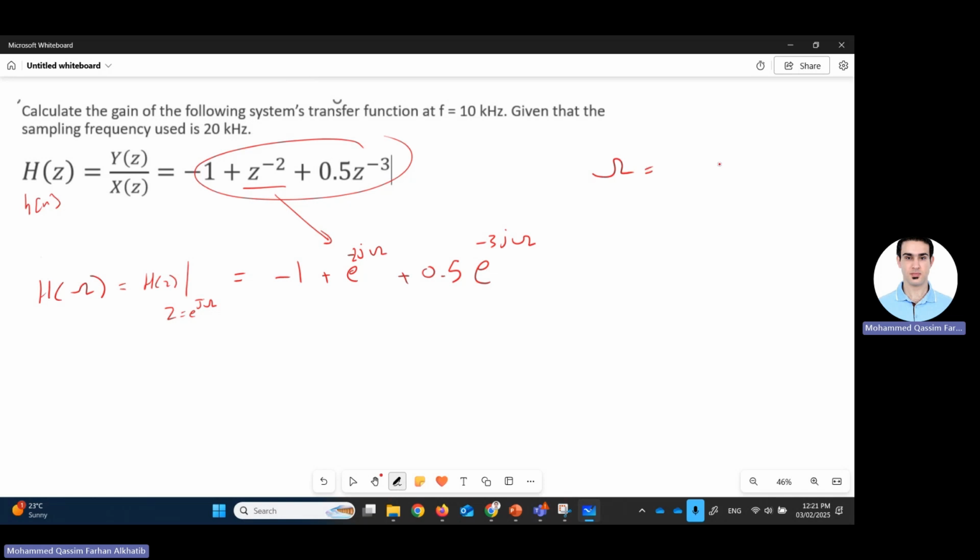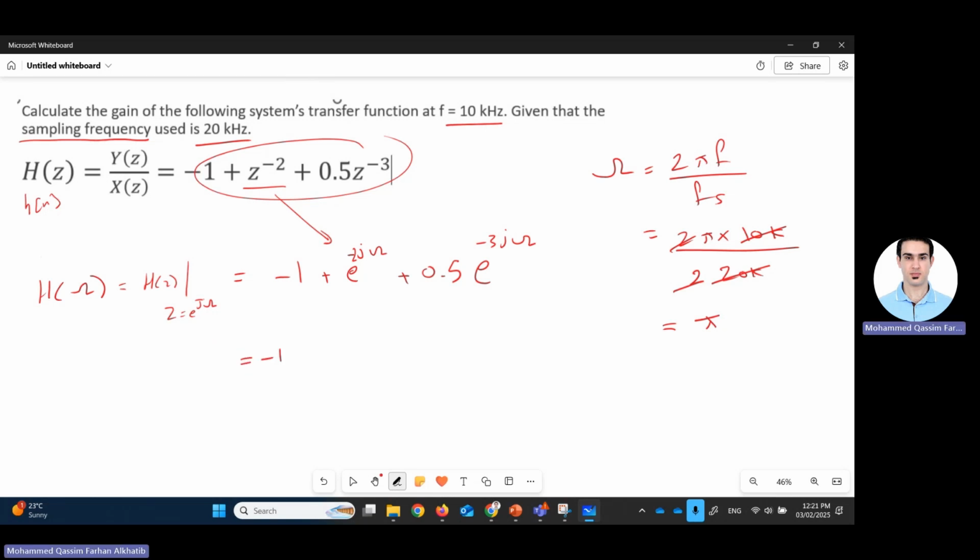Now recall that omega equals 2 pi f over fs. 2 pi times f, 10 kilohertz, over sampling frequency fs, 20k. So 2 and 2 will cancel, so it's going to be pi. So that's the value of omega in this example.